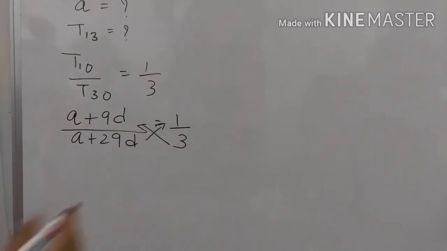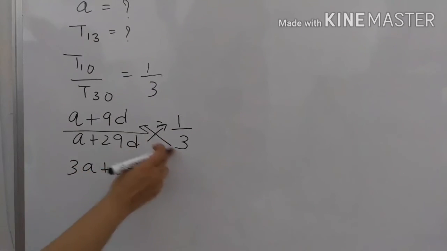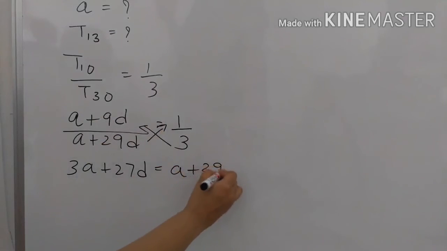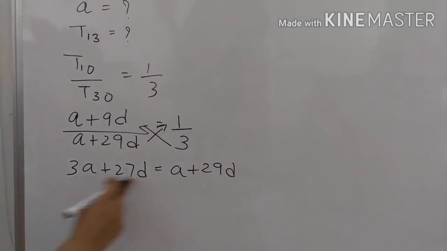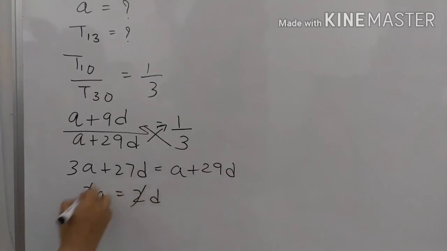So now 3A plus 27D by multiplying 3 and here by 1, A plus 29D. So now taking this A on other side, I get 3A minus A, 2A. And here 29 minus 27, 2D. So both the side 2 cancelled. So here I get A is equal to D. So this is the relation we found here first.